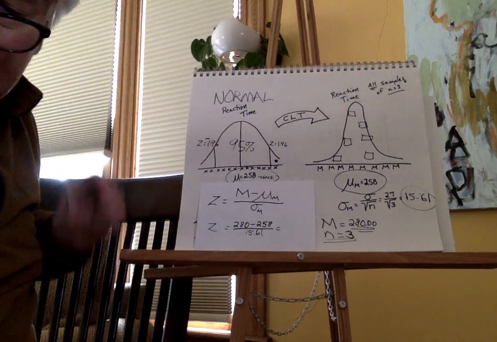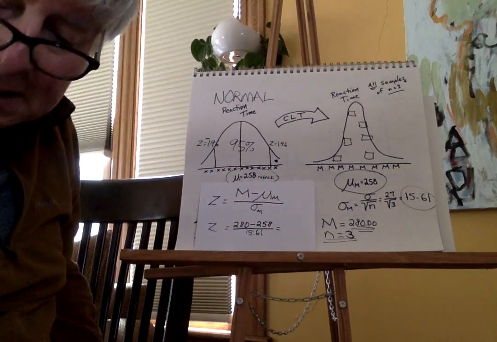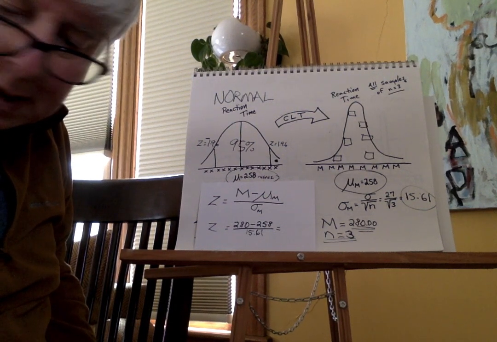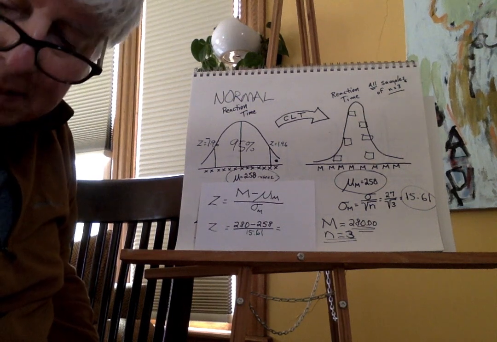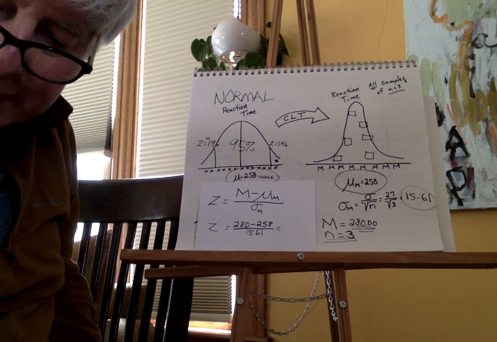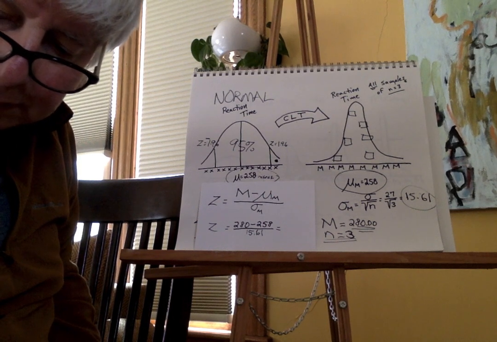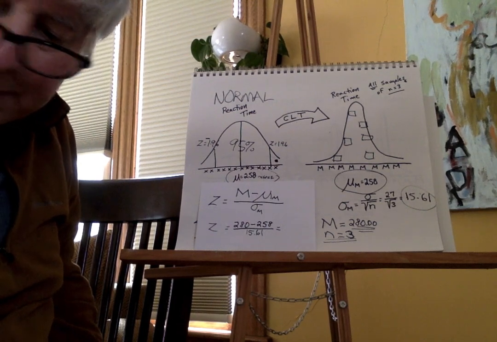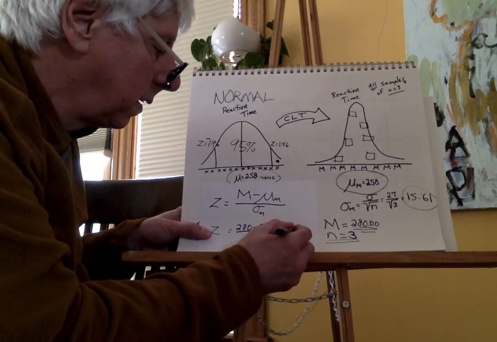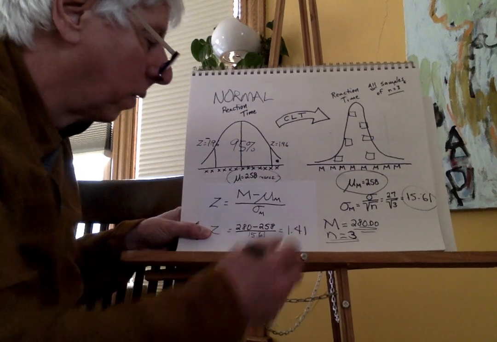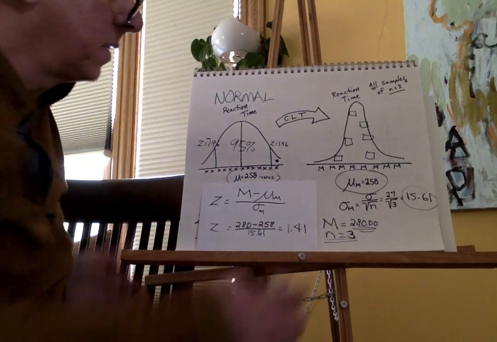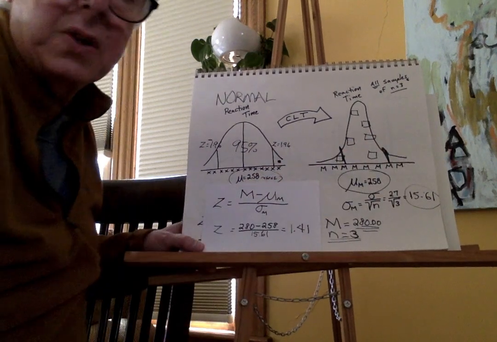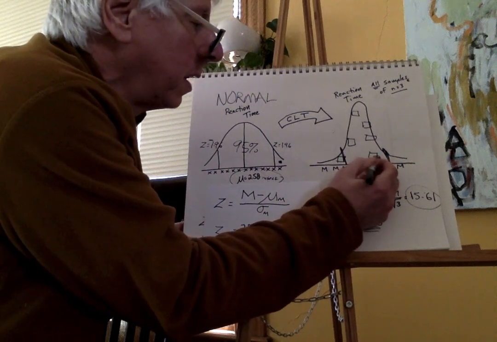Now this is Bob's z-score. Let's calculate this. 280 minus 258 equals 22 points above the mean, but the standard deviation here is 15.61. And so Bob's got a z-score of 1.41. So that doesn't fall in the extreme 5%. He's going to be here somewhere.